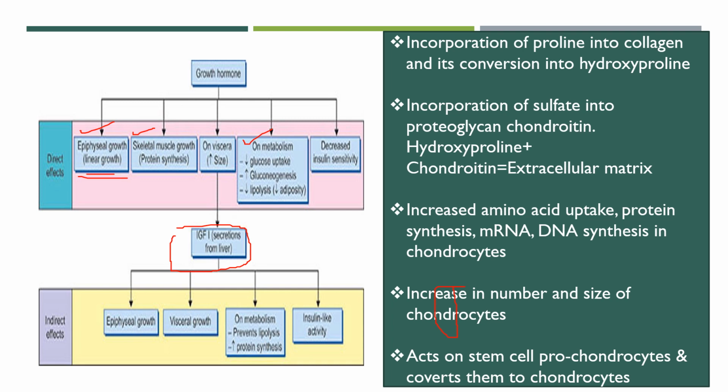This hydroxyproline and chondroitin join to form the extracellular matrix. Also there is increased amino acid uptake, protein synthesis, mRNA and DNA synthesis in the chondrocytes, an increase in number and size of the chondrocytes, and action on stem cells, known as prochondrocytes, converting them to chondrocytes.